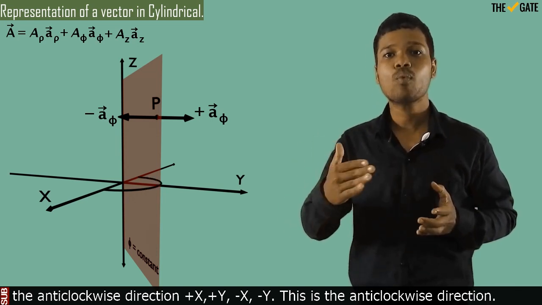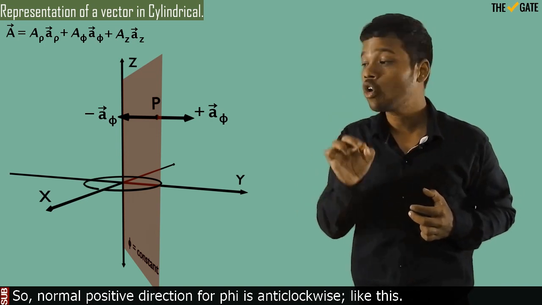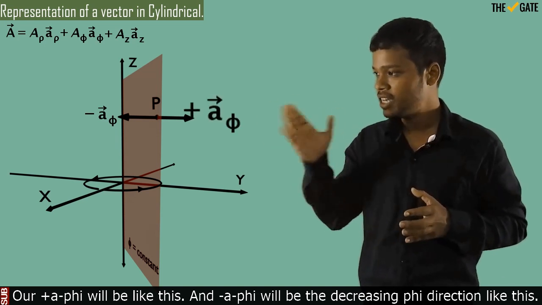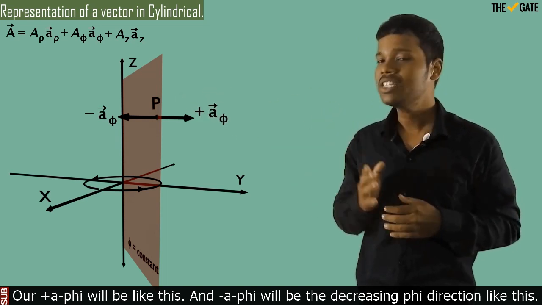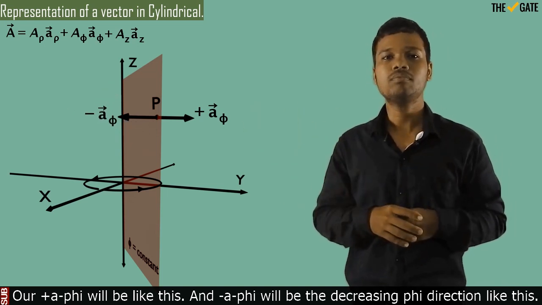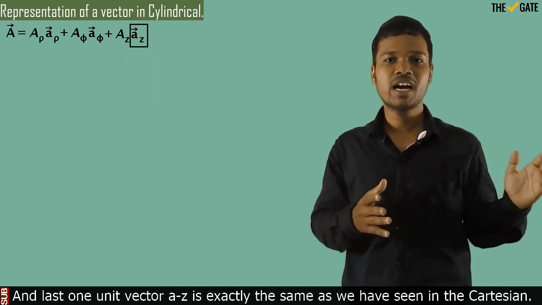This is the anticlockwise direction. So normal positive direction for phi is anticlockwise like this. So our plus a phi will be like this and minus a phi will be the decreasing phi direction, will be like this. And last one, unit vector az is exactly the same as we have seen in the Cartesian.